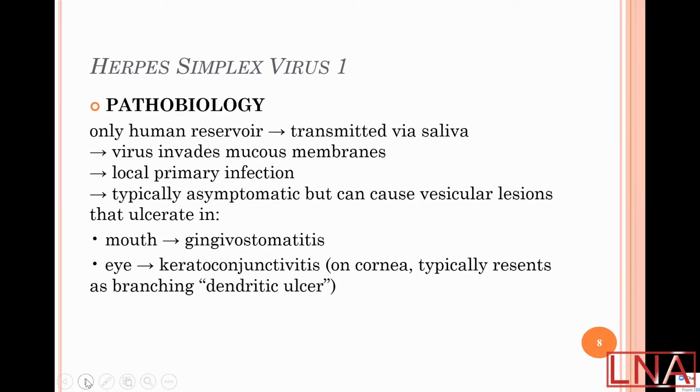We can say it should be direct contact or indirect contact, but with liquid material. The virus invades mucous membranes and causes a local primary infection. After that, it is typically asymptomatic, but can cause vesicular lesions that ulcerate in the mouth or eyes, in this case.